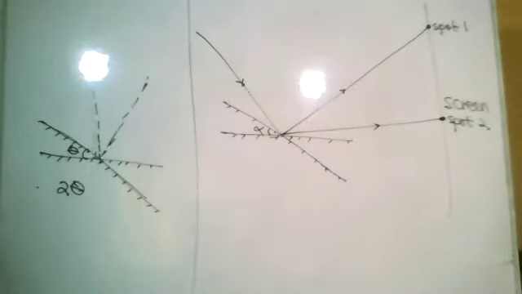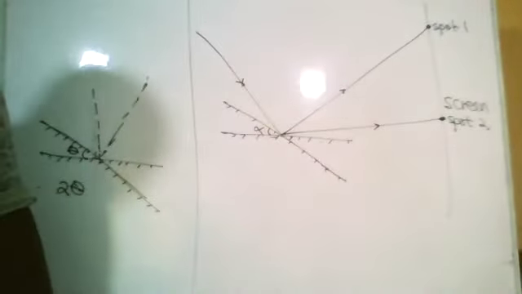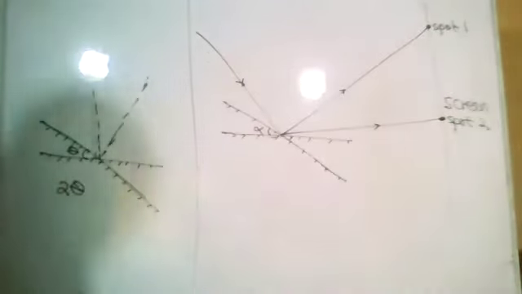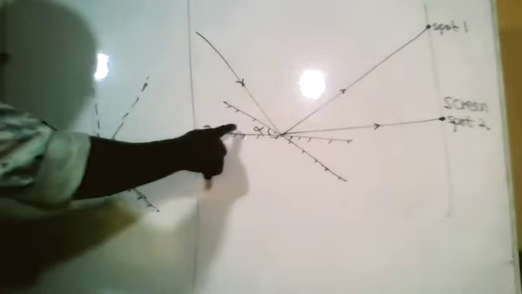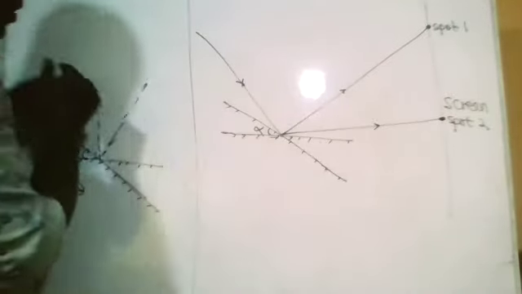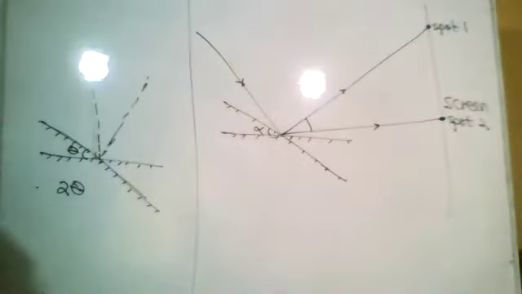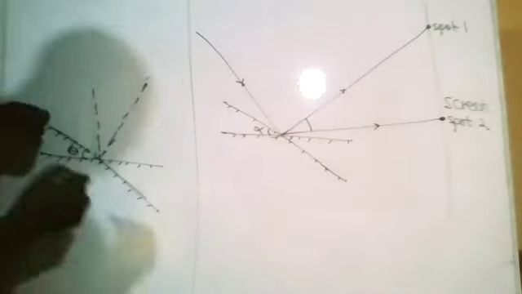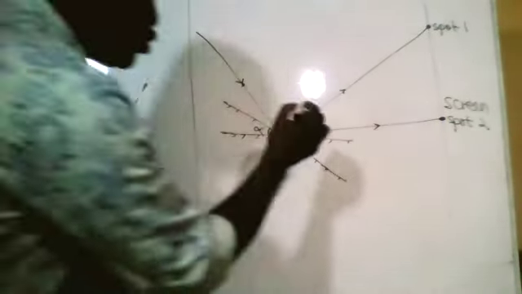Then you can be asked either to calculate the distance between the two spots or any of them. The application is that if the angle of rotation is alpha, what will be the angle here? Yes, 2 alpha. So this will be 2 alpha.